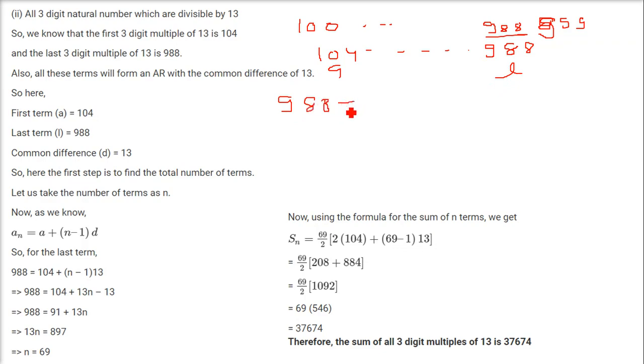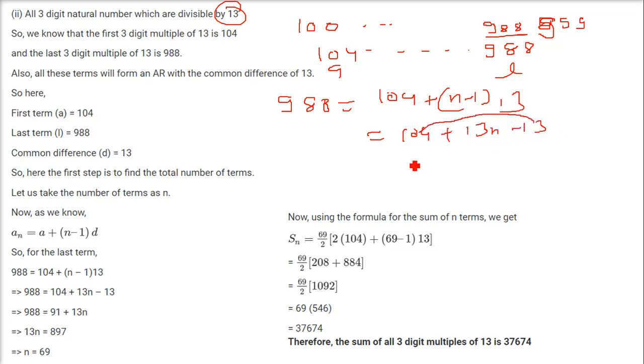So 988, this is the nth term, is A plus n minus 1 into D. That is 104 plus n minus 1 into D. D is 13. So 988 minus 104 equals 13n minus 13.